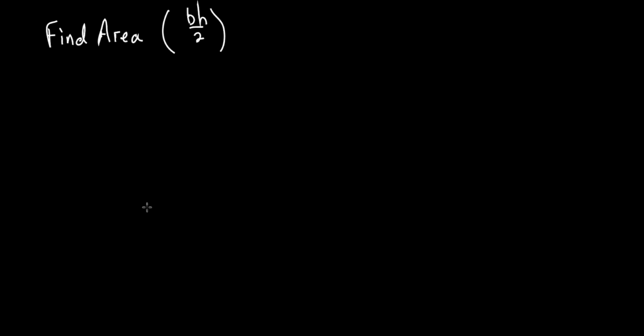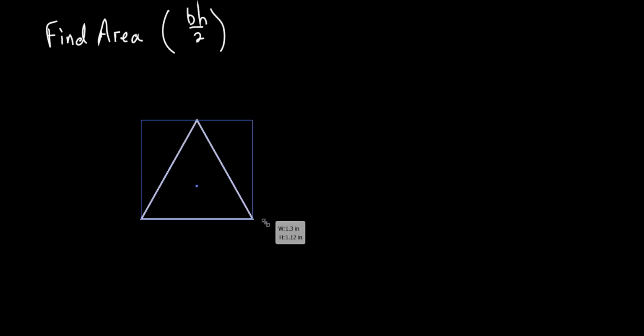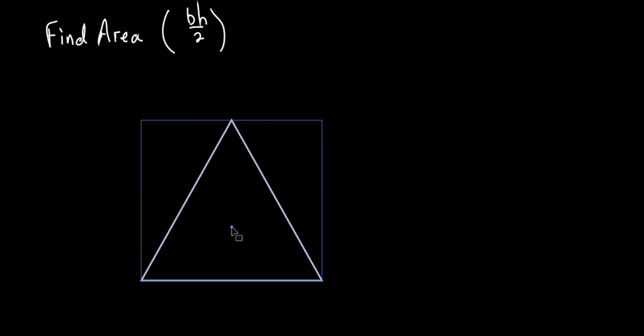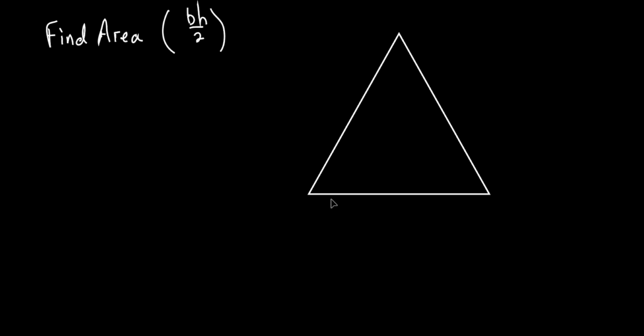So here's the triangle. Write this down. This is an equilateral triangle. In fact, I'll tell you what, I've got a little thing over here where I can do this. Let's make this a triangle. There's an equilateral triangle, and it's perfect. All right, so here's an equilateral triangle. What does that mean if it's equilateral?